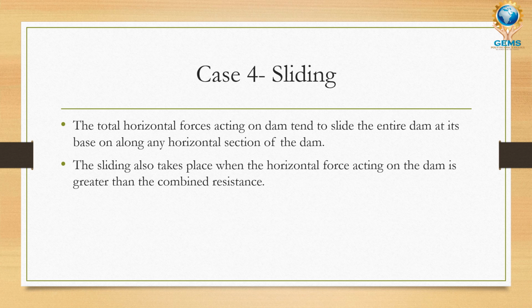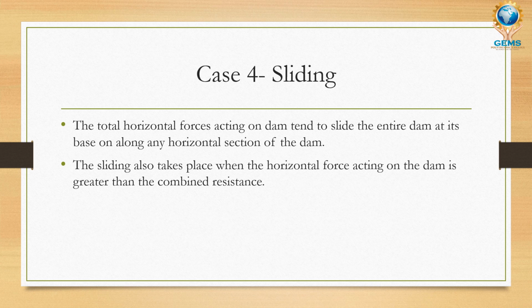That is, if there is any horizontal section in the dam, it gets affected by this sliding failure when the total horizontal forces acting on the dam exceed the normal permissible level. The second point: sliding also takes place when the horizontal force acting on the dam is greater than the combined resistance.